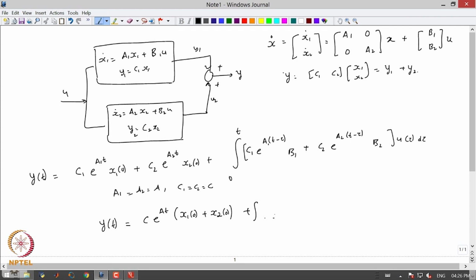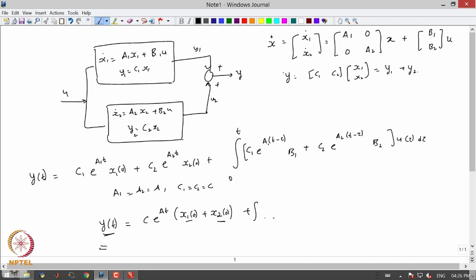Okay, so what does this go on to suggest? The problem of observability was, can I measure just y? I am not measuring these individually, I am just measuring this, and I want to get an estimate of what x1 naught and x2 naught are.